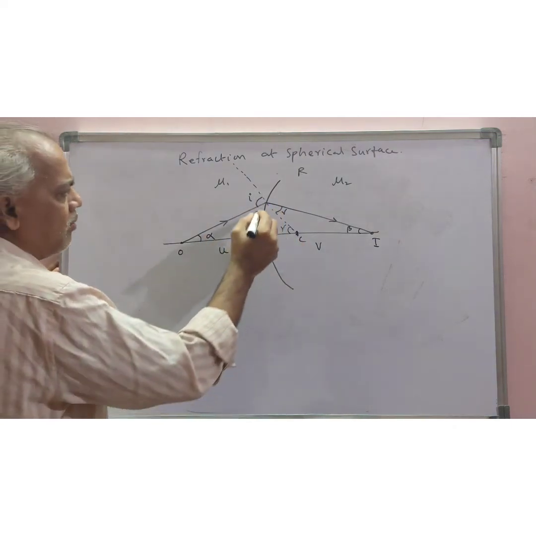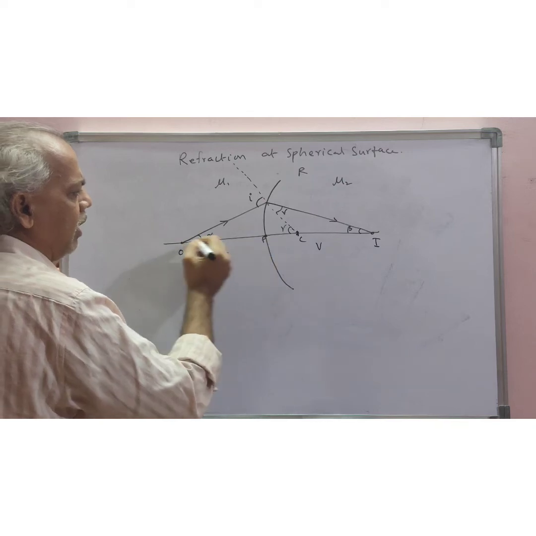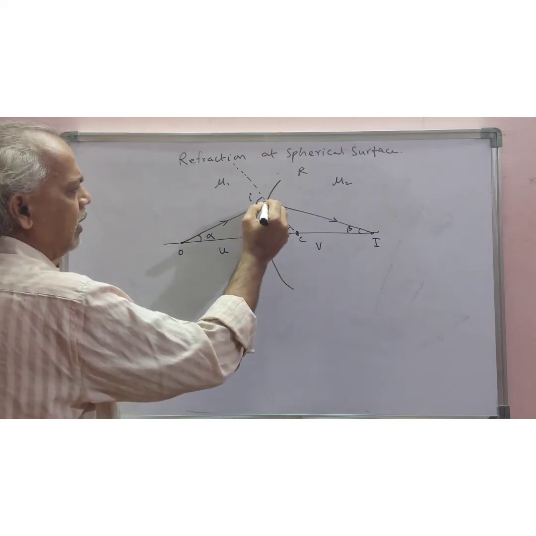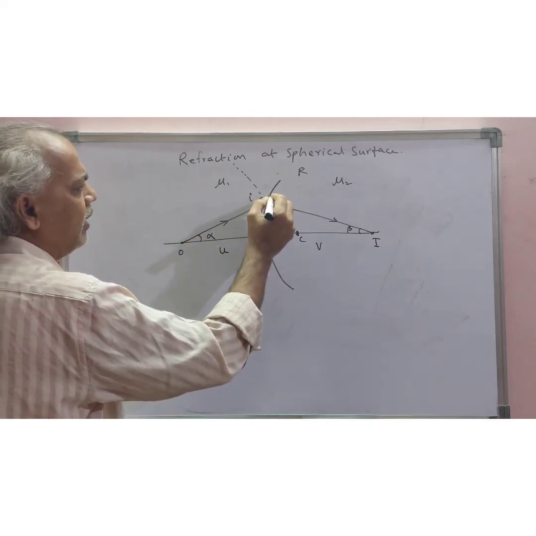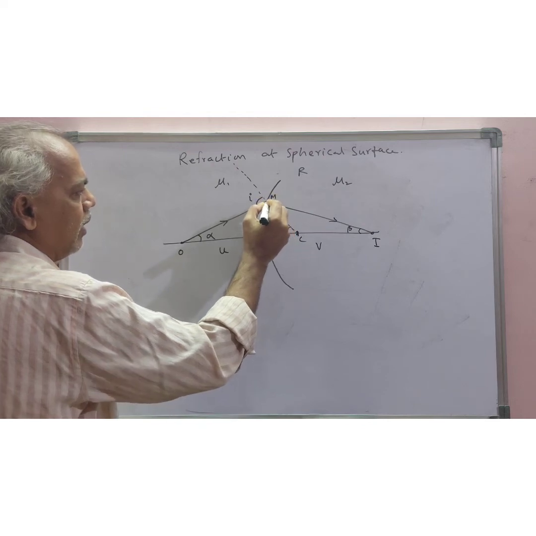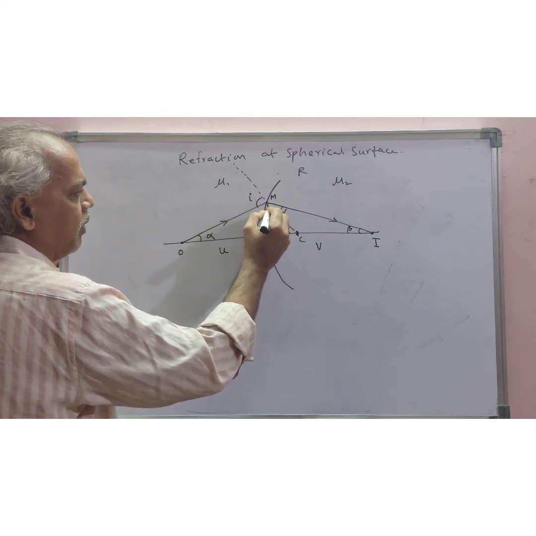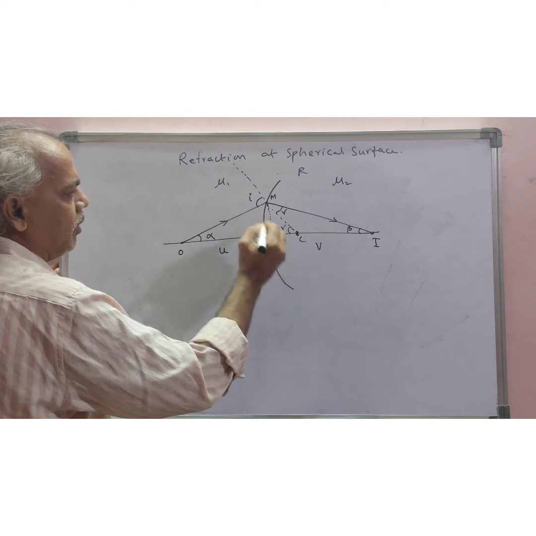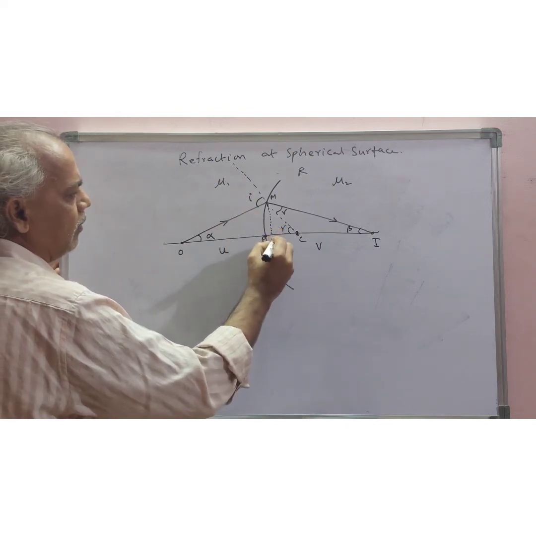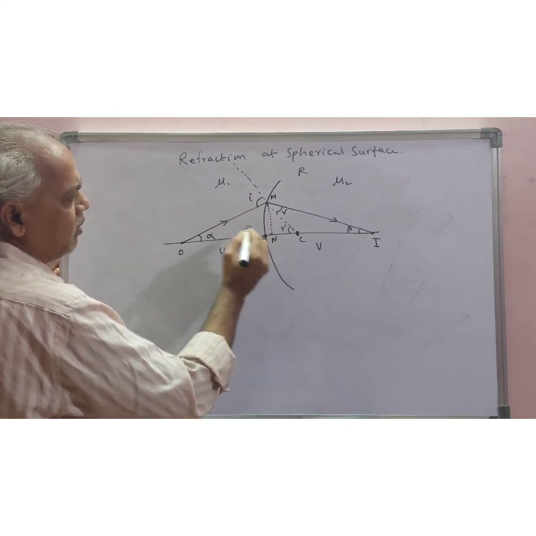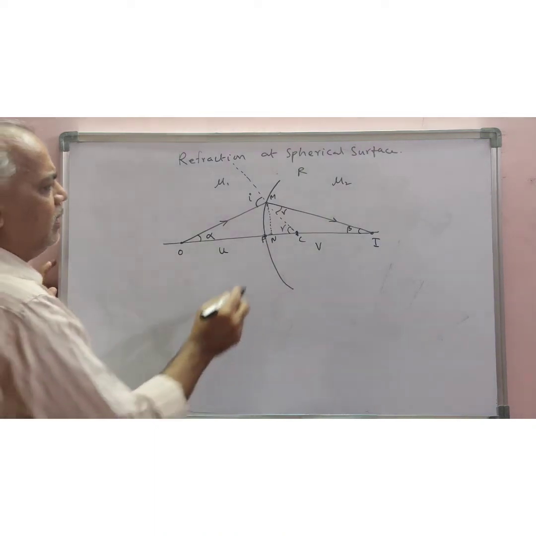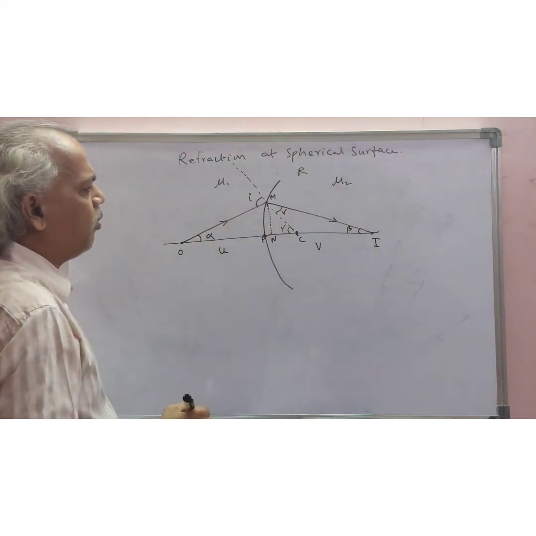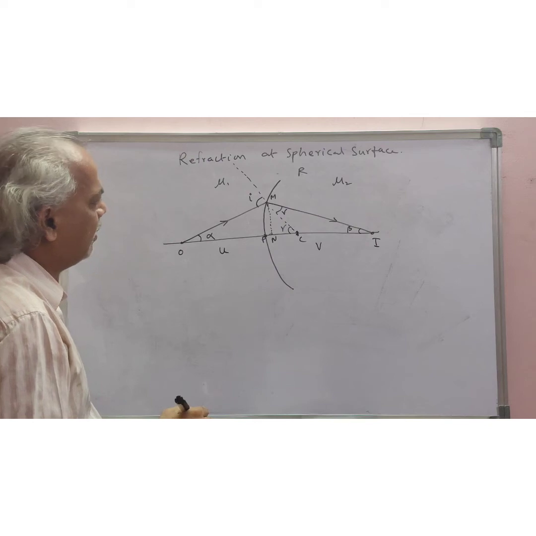Draw a perpendicular to the principal axis from the point of incidence, that is say M, and the foot of the perpendicular on the principal axis is say N. This N is very near to P, which means P and N will coincide.